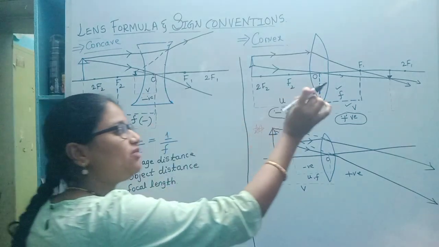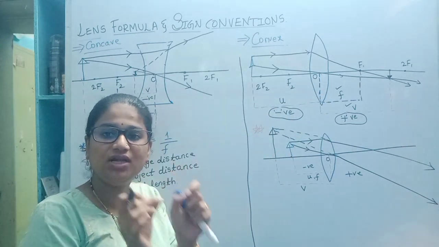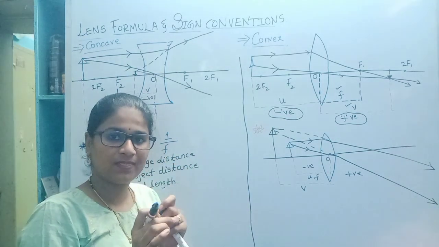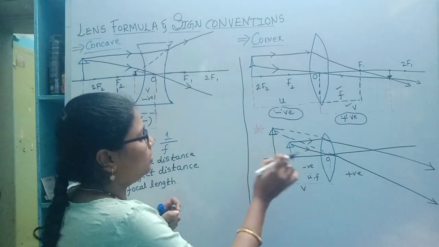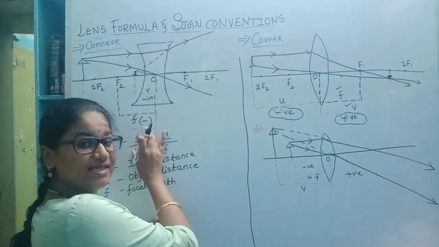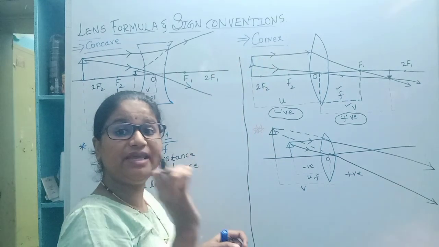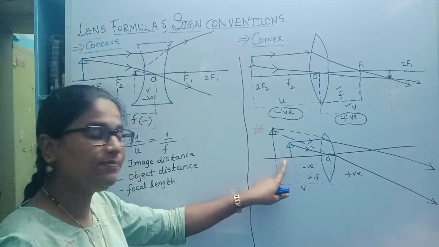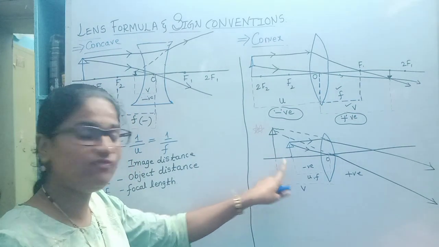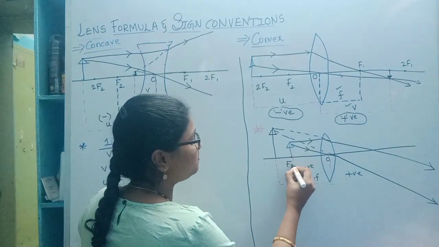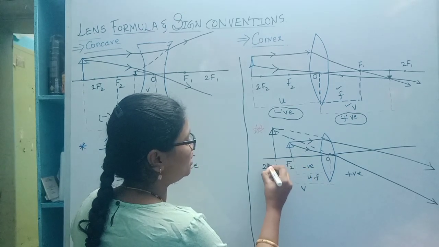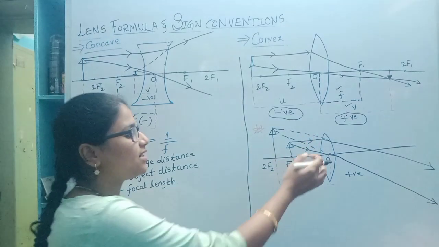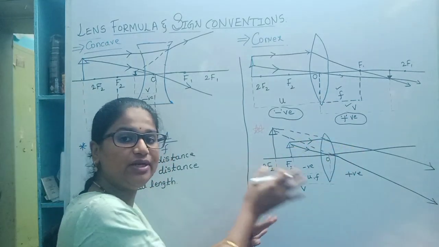When the focal length is positive, the image formed will be real. When the object distance is negative, the image formed will be diminished. In the special case when the object is placed at the principal focus, and we consider two rays of light, the refracted rays will not meet.